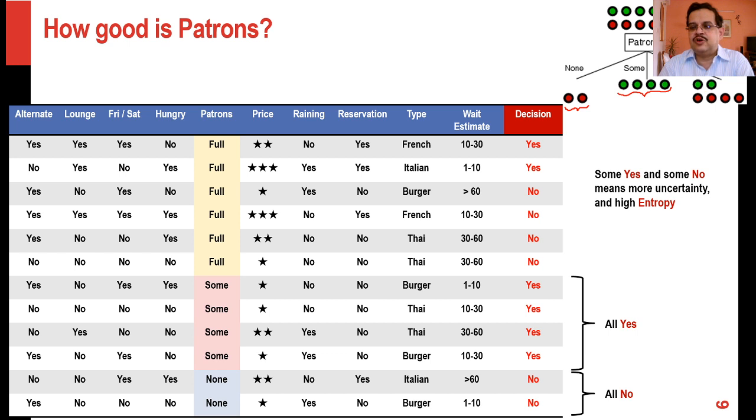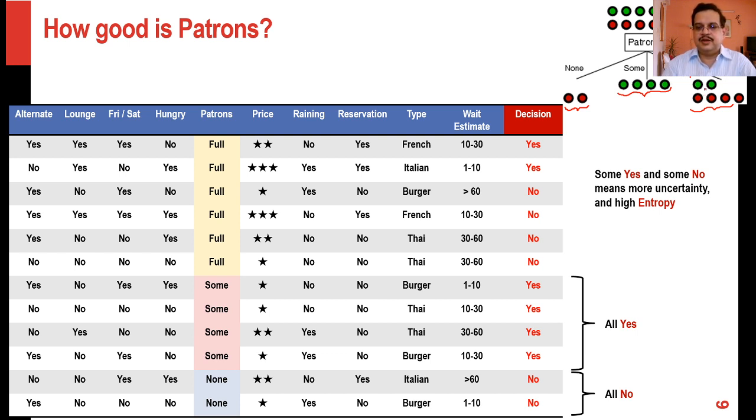Here it is not so ordered, because I have some yeses and some no. So if I arbitrarily choose a sample, the decision can be, say, yes with 2 out of 6 probability, and the decision can be no with a 4 out of 6 probability. But the probability is not good enough to tell me that yes, well, 99.99% of the time, or maybe 100% of the time, the decision is yes or the decision is no.